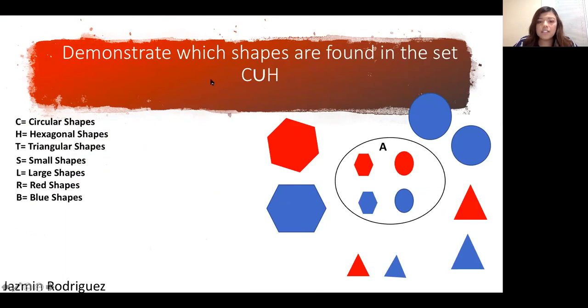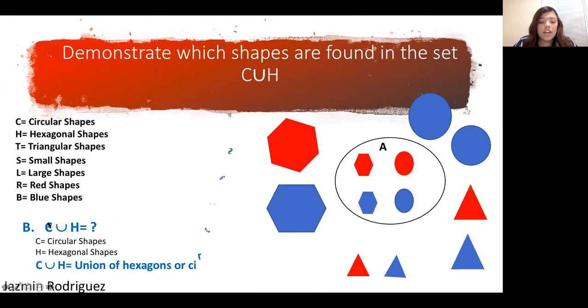And then for our next one, they want us to show which shapes are found in the set of C union H. Once again, U means union, so it wants to know which shapes are going to be in either circular or hexagonal shapes. So when we do that, we get the union of hexagons or circles.